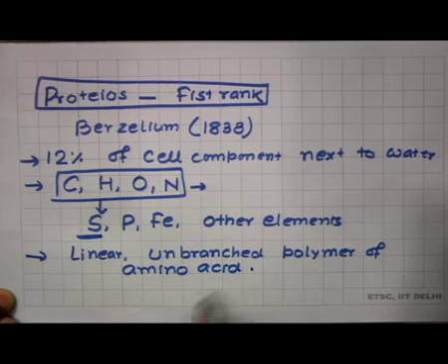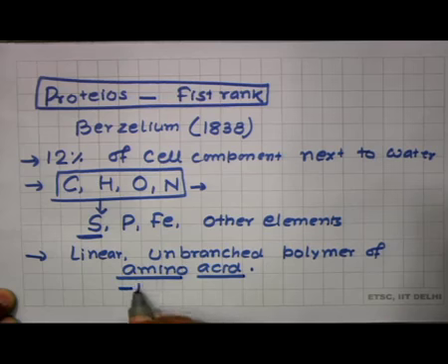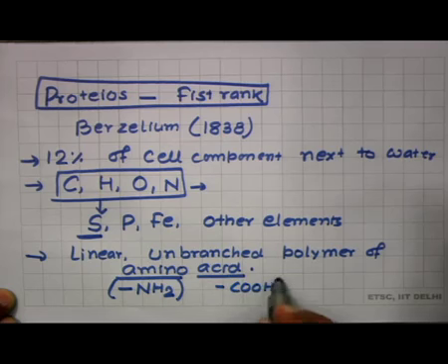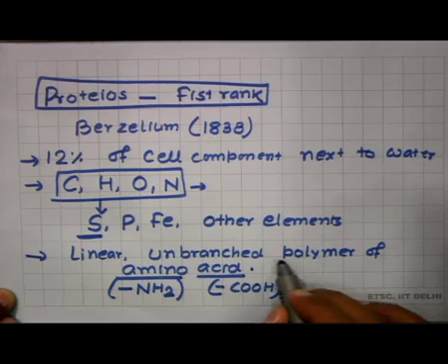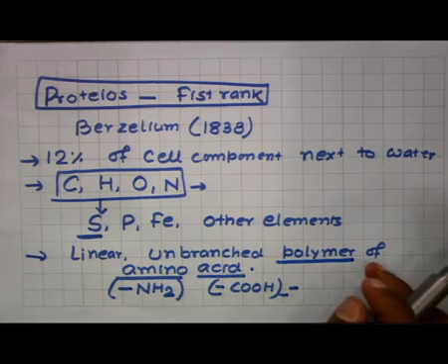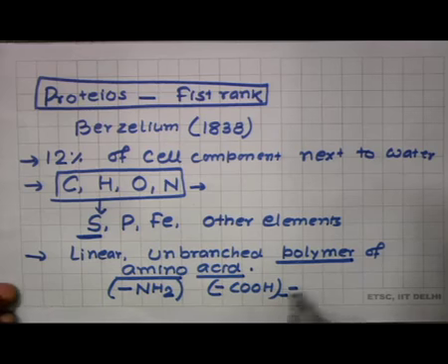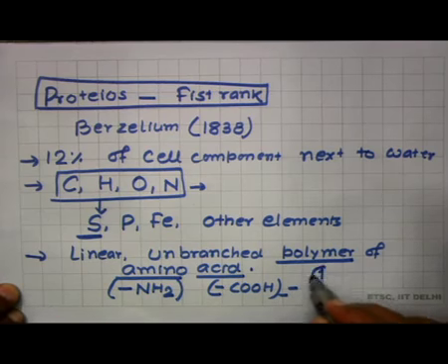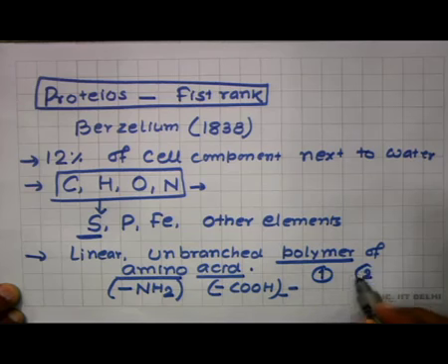As the term indicates, each amino acid is made by an amino group and an acid group, that is NH2 group which is basic in nature and COOH group that is acidic in nature. And when amino acids form a polymer, they combine with the help of peptide bonds. These peptide bonds are found between one amino acid and the next amino acid.